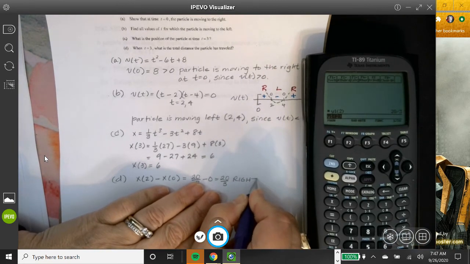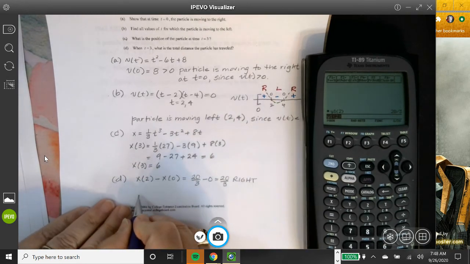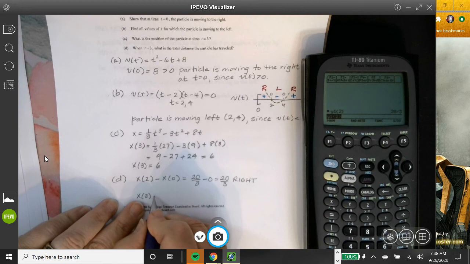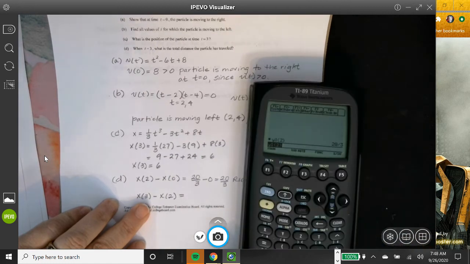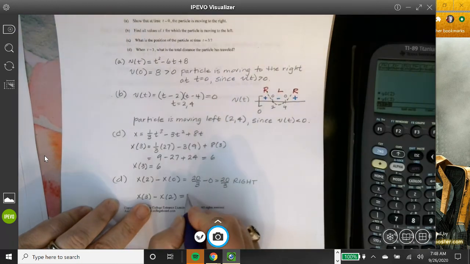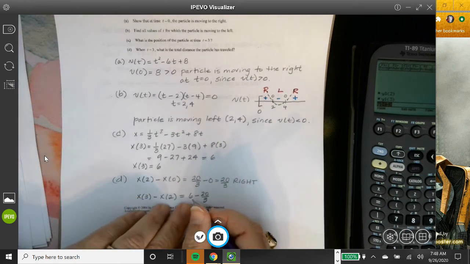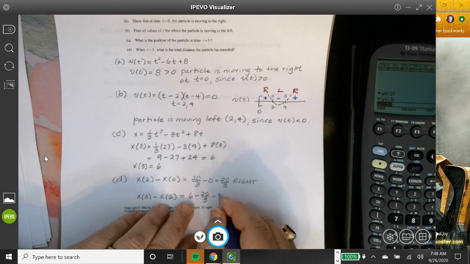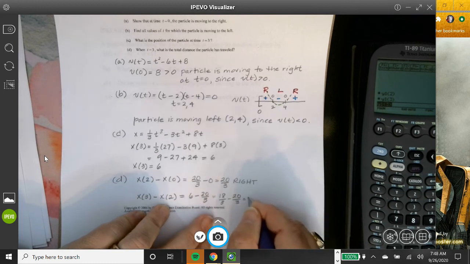Now I have to figure out how far I moved left. I moved left from 2 to 3. So x of 3 minus x of 2, and y1 of 3 we already figured out was 6. So this is 6 minus 20 over 3, which is 18 over 3 minus 20 over 3, which is negative 2 over 3.